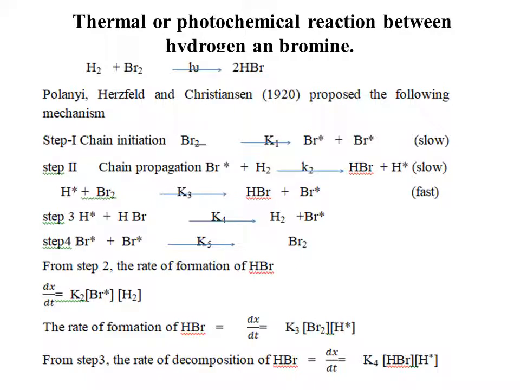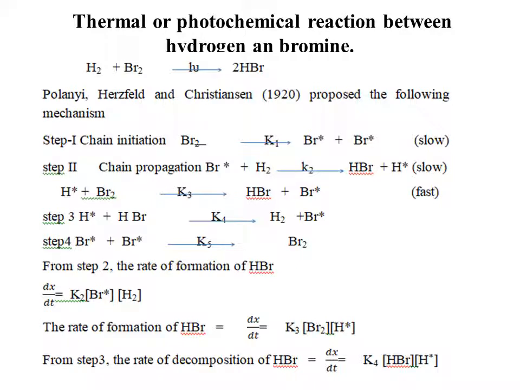From step 3, the rate of decomposition of HBr, dx over dt, is equal to K4 into the concentration of HBr into the concentration of hydrogen radical.